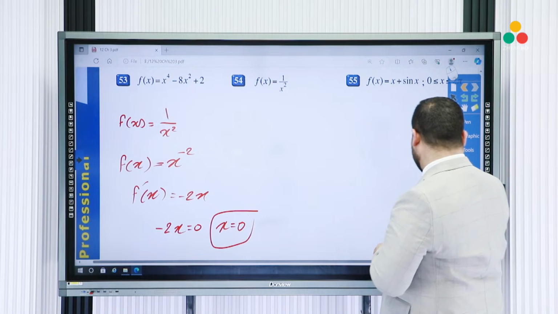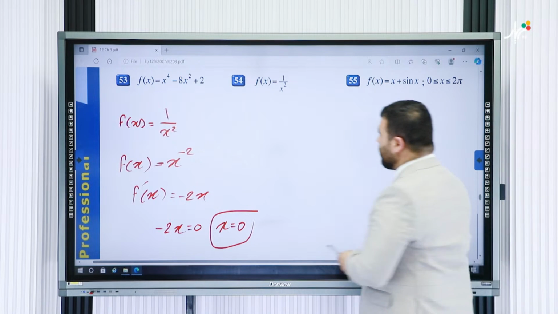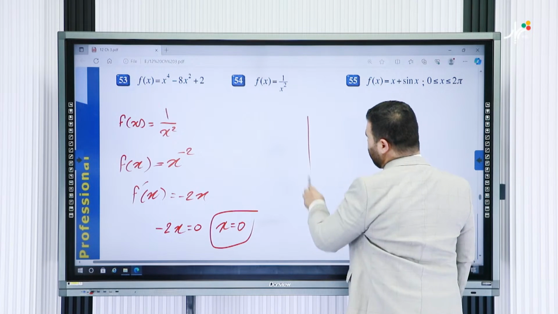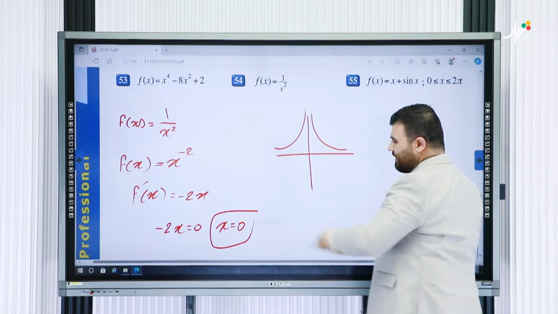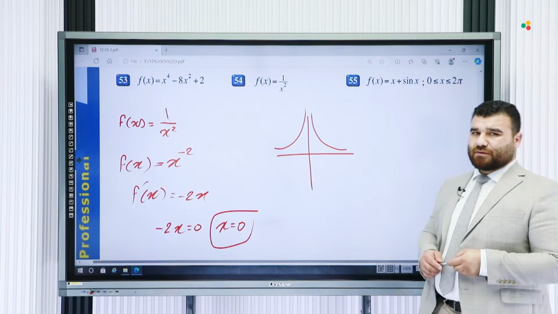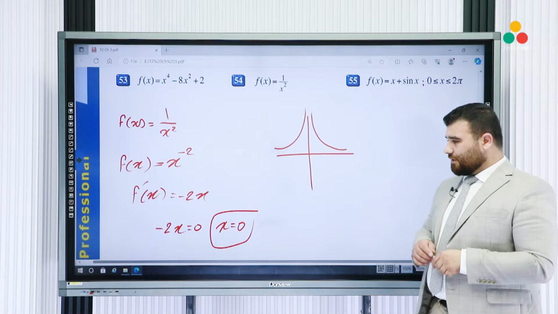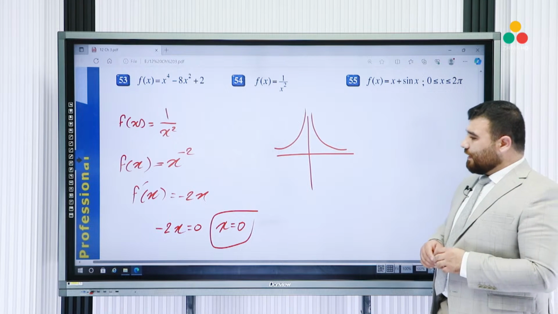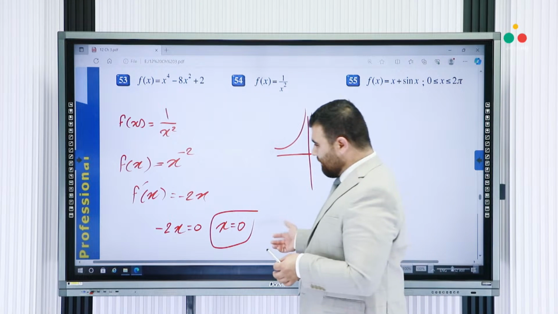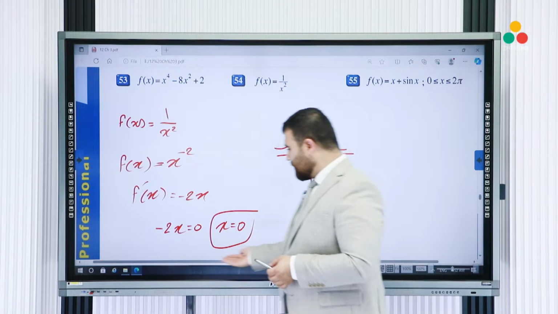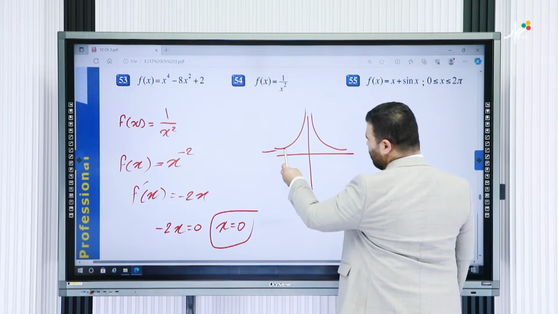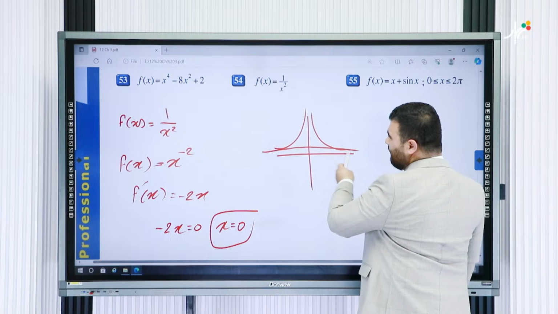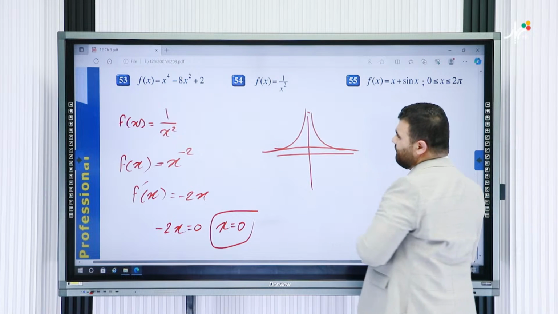By the way, let's check this x equal to 0. Graph of 1 over x squared is like this. Is this making sense comparing to this graph where the tangent is horizontal? Actually, it doesn't make sense. Following the steps, we got x equal to 0, but there is no graph at 0.